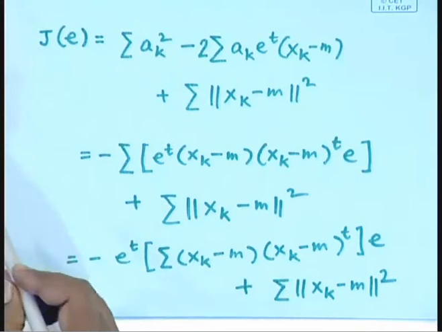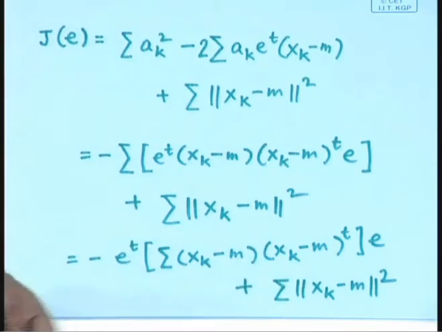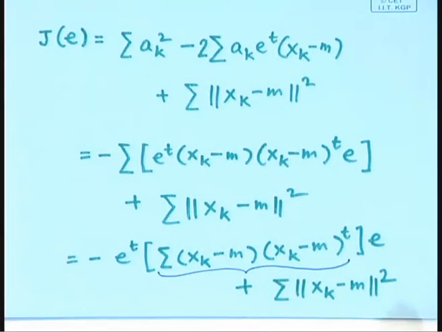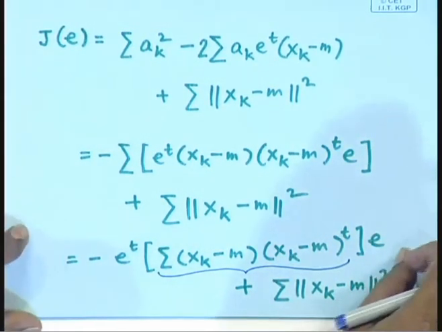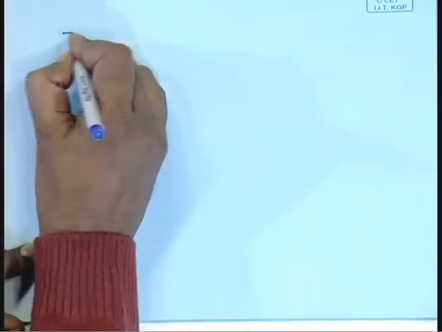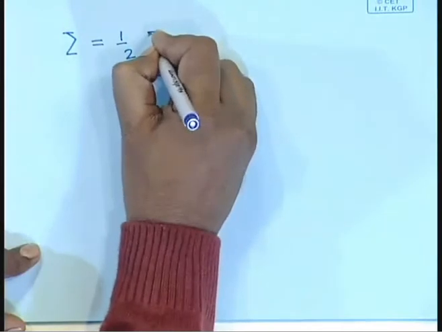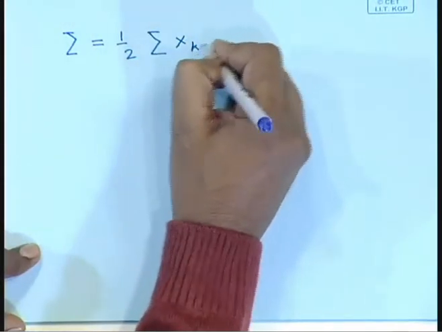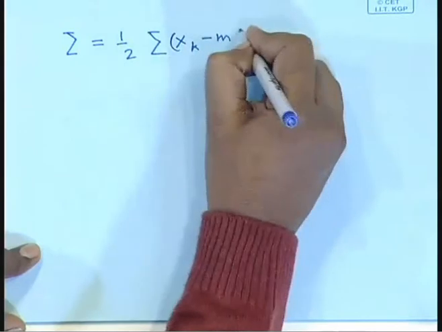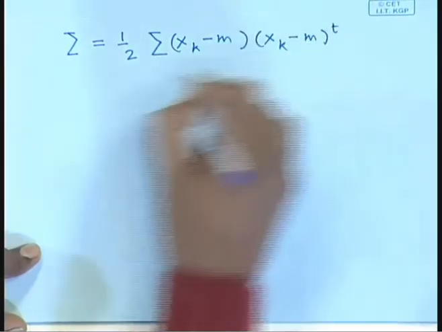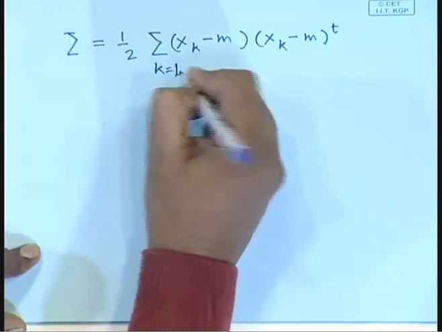Now, you find that what is this term, sum of x k minus m into x k minus m transpose. If you remember from our earlier expressions, what is our covariance matrix sigma? 1 upon n summation x k minus m into x k minus m transpose, taking the summation k equal to 1 to n.